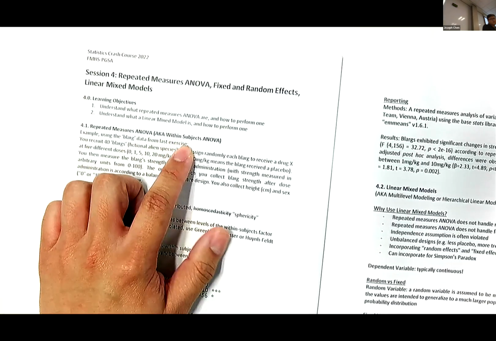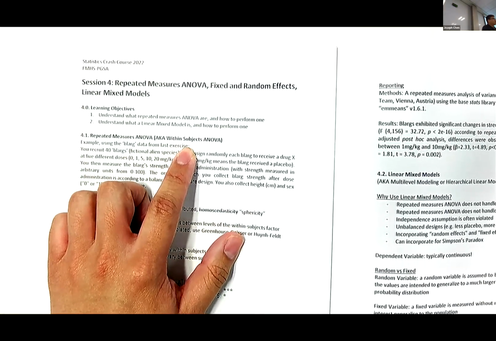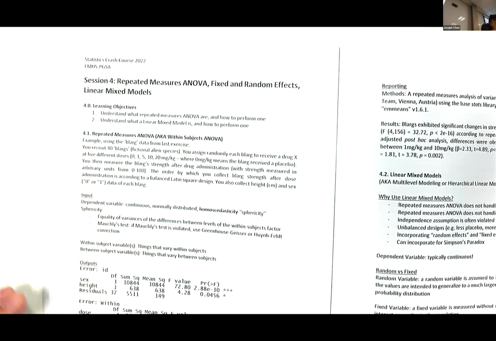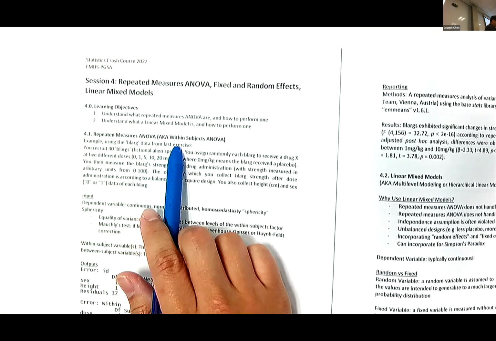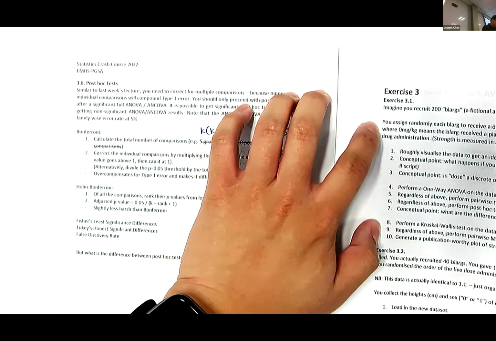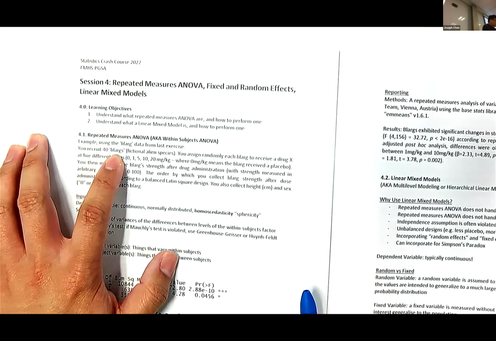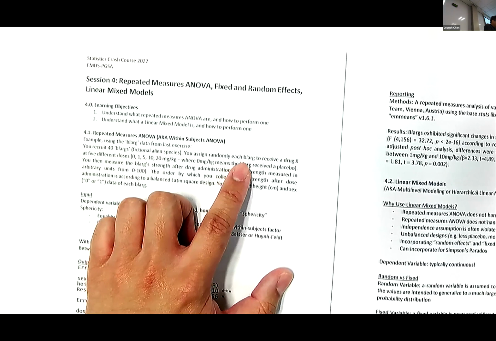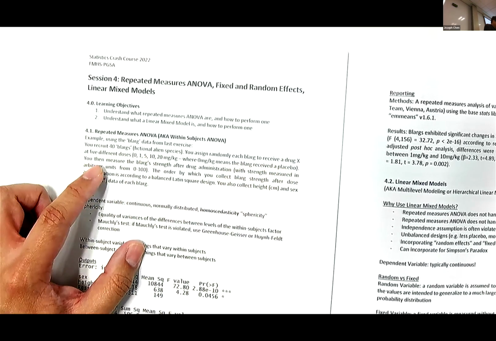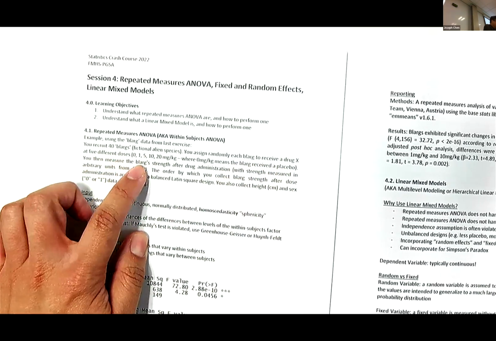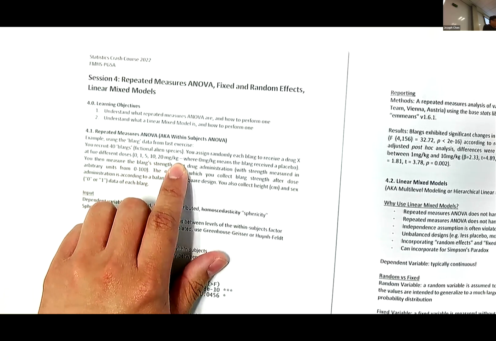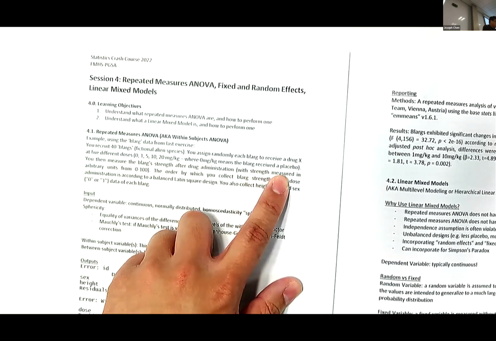Sometimes they're also called within subjects ANOVA, depending on what textbook you read. Let's use the BLAG data from exercise 3, these 40 BLAGs. You recruit 40 BLAGs, a fictional alien species. You randomly assign each BLAG to receive drug X at 5 different doses: 0, 1, 5, 10, and 20 milligrams per kilogram, where 0 milligrams means the BLAG received a placebo.